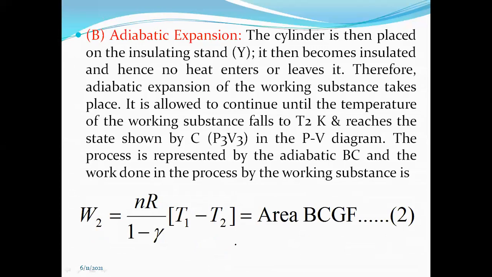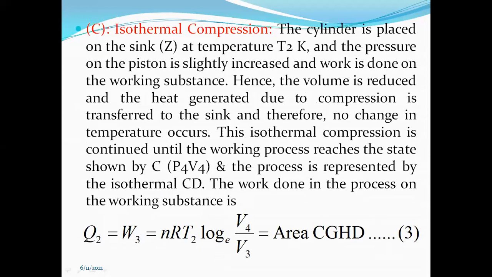Adiabatic expansion, second process, that is W2 is equal to nR divided by 1 minus gamma, T1 minus T2. Okay. After that, isothermal compression, the third one, that is Q2 in terms of W3 is equal to nRT2 log to the base e V4 upon V3.